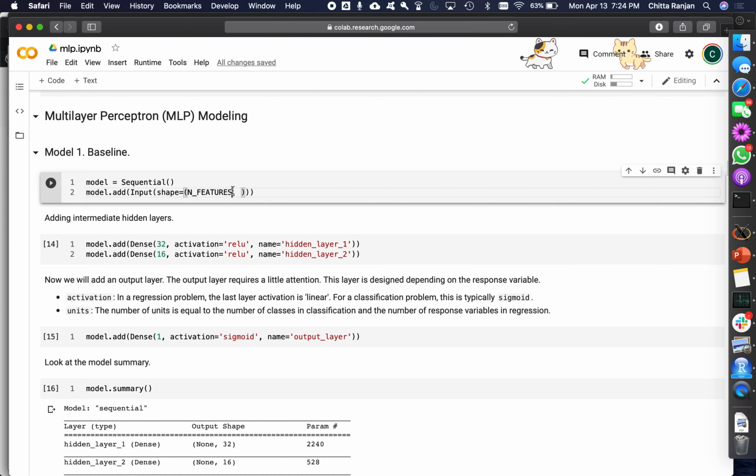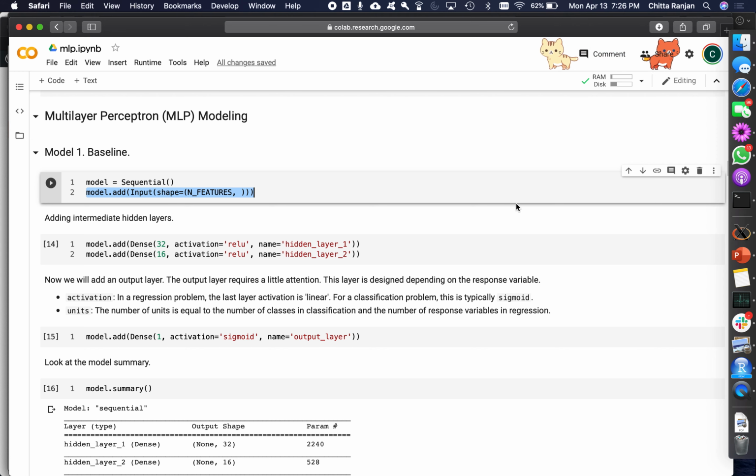One of them is you always start with defining the input layer, which we have done here. And the only requirement in this input layer is you tell what is the shape of your input. And the shape of the input, we recall from figure 3.2 of the book, is essentially the number of features in your input sample.